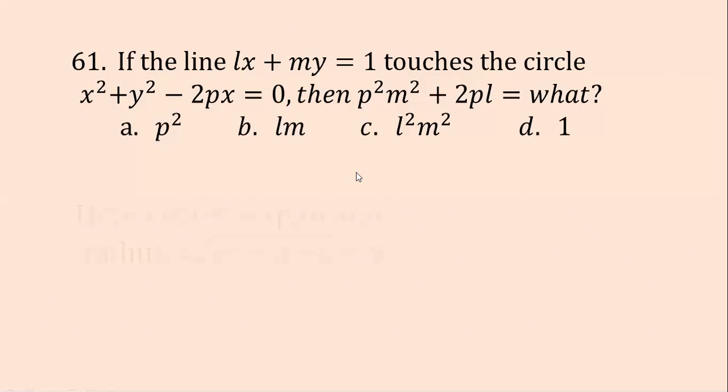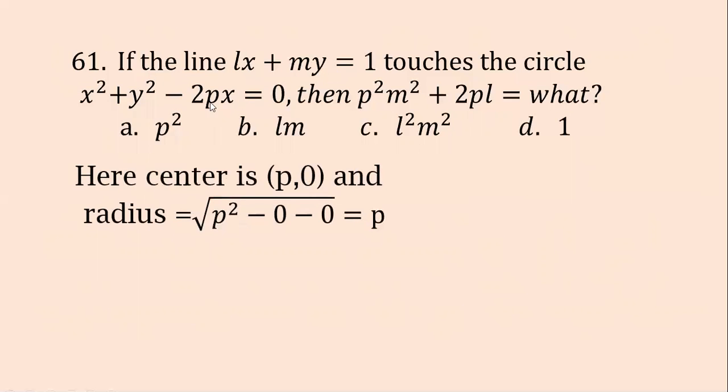Let us see. Here center is (p, 0) and radius is p. Divide this by minus 2, then x coordinate is p and y coordinate 0 here. And radius is square root of g square plus f square minus c. It is square root of p square, that is p.